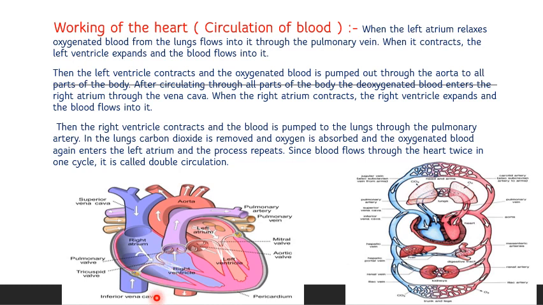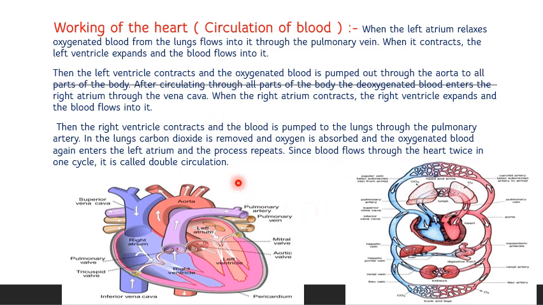The tricuspid valve, you can see here, prevents the blood from flowing backward. That is a major function of this. The right ventricle pumps the blood into the pulmonary artery via the pulmonary valve.